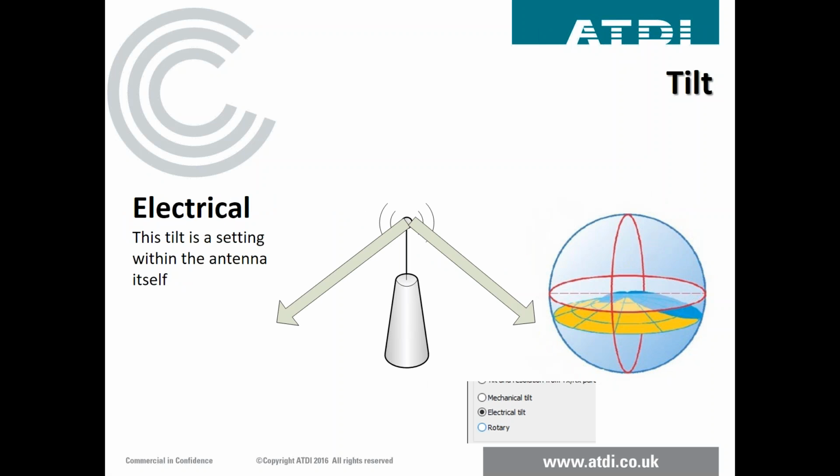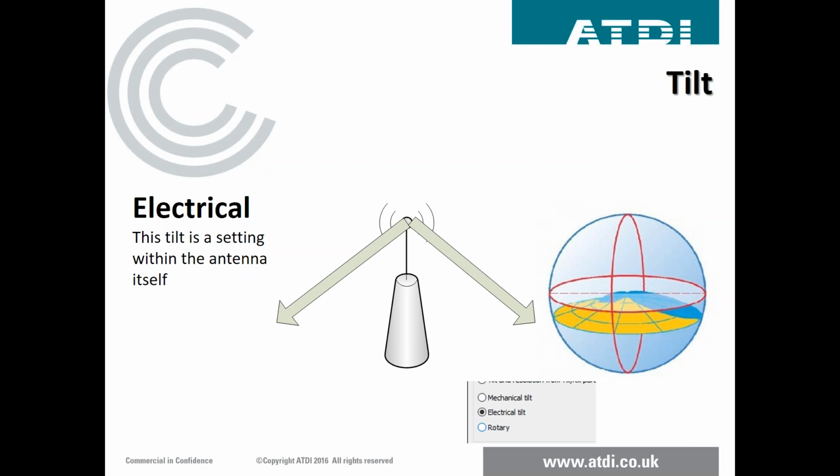There's also the option to specify tilt as electrical. So this is settings within the antenna, being able to change the phase supplied to the antenna elements to give you this electrical tilt rather than a physical mechanical tilt. And you can see here the difference: the main lobe, but then the back lobe also, around this 360, is also tilted downwards as well.